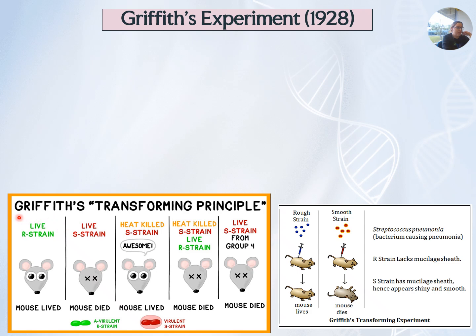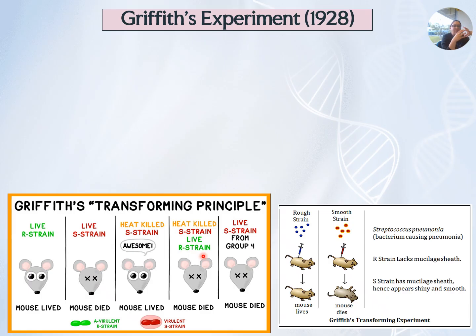So under normal circumstances, we have the R strain of Strep pneumoniae not hurting the mouse, the S strain killing the mouse, right? Then we took the virulent strain, the S strain, and heat killed it. So now it's non-functional. However, when combined with the R strain, we know that the R strain is able to take up a plasmid that was from the heat-killed S strain.